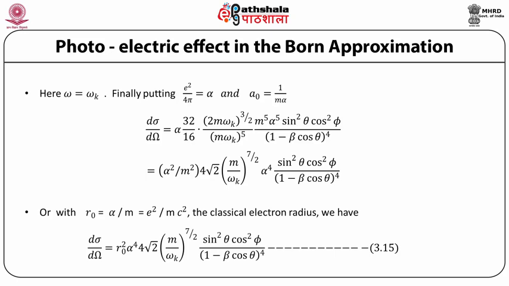If we put r₀ equal to α/m equal to e²/mc², the classical electron radius, we simplify this expression to dσ/dΩ equal to r₀² α⁴ (√2 m/ωk)^(7/2) sin²θ cos²φ / (1 − β cosθ)⁴.